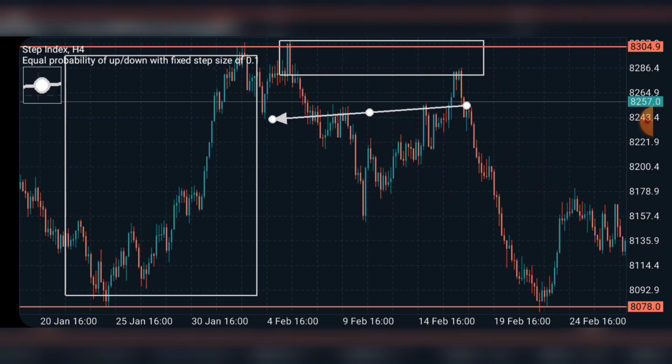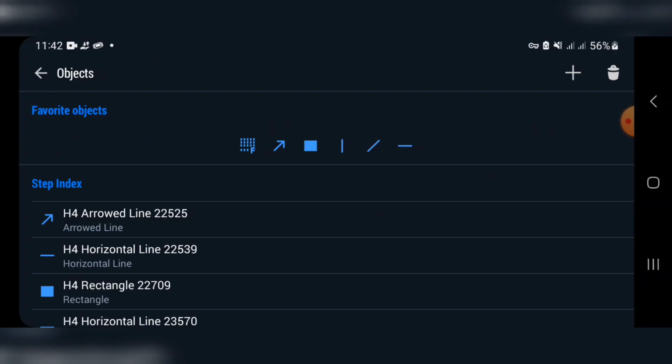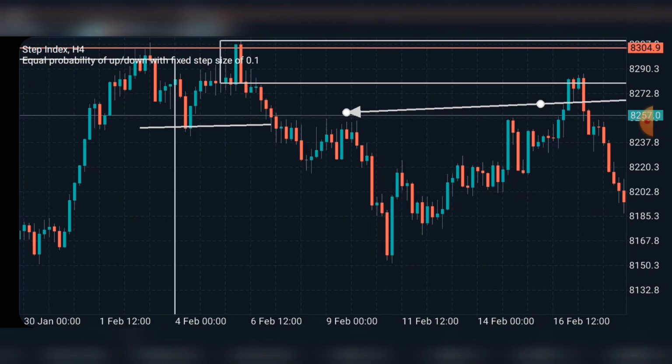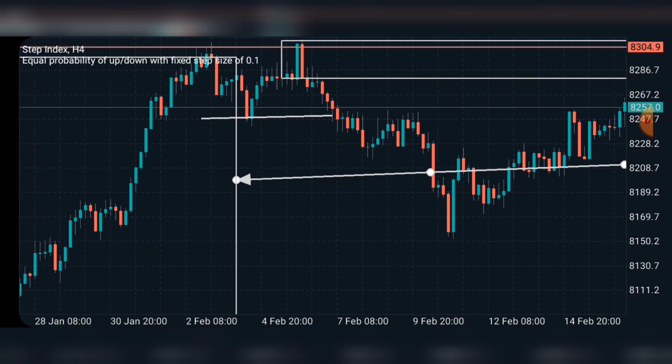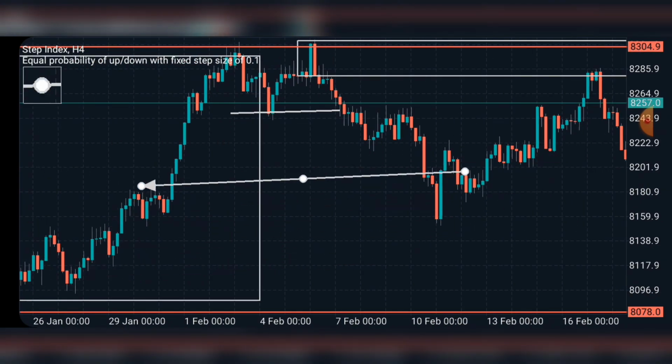As we can see right here, price basically broke structure right here. So we're looking for the bias right now to show how these ranges work, how you can actually utilize them in your trading plan. As we can see right here, this is the impulsive move up.